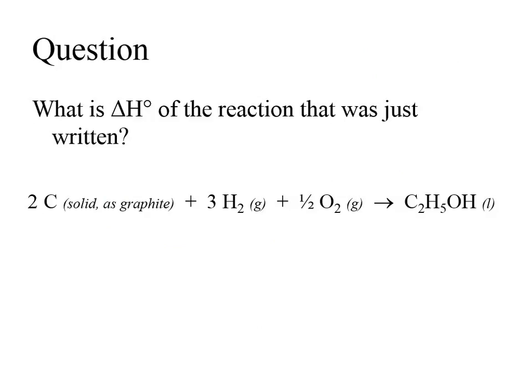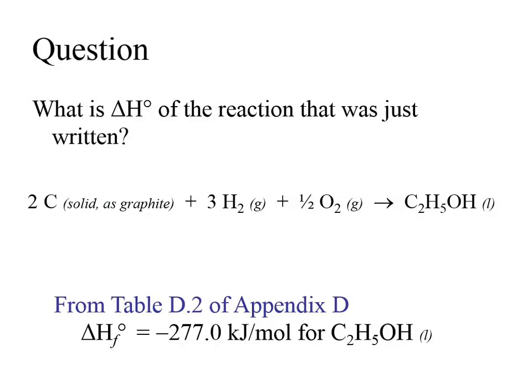So that's to say that when you wrote this, this is what she should have at the bottom of the previous page, that enthalpy of that reaction is the standard molar enthalpy of formation of C2H5OH. Okay, so I don't know how you want to write that down.